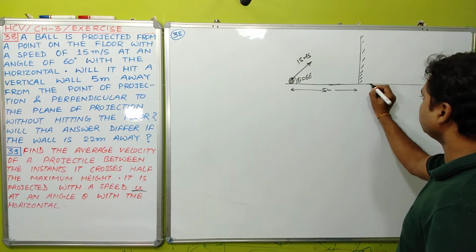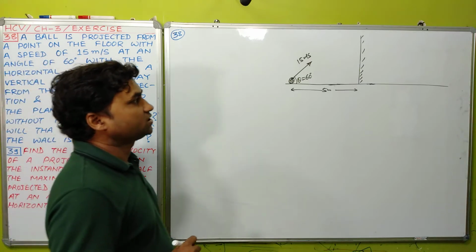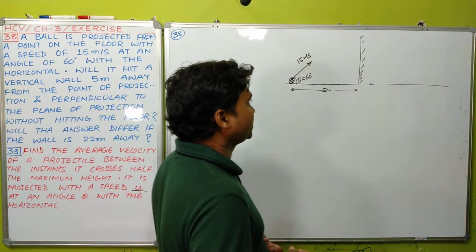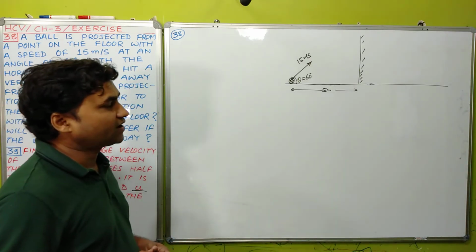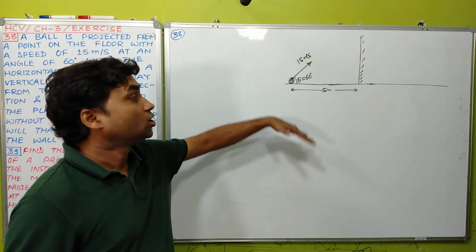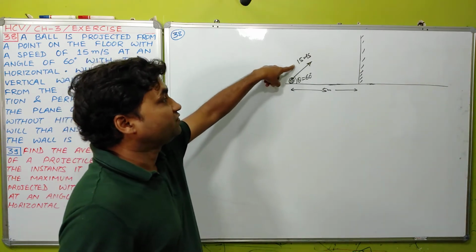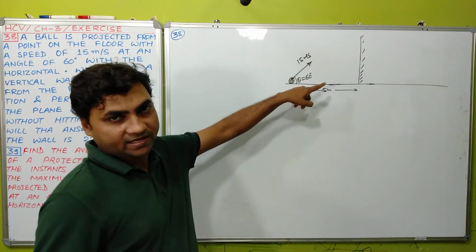Okay, let us check. Understand how we will solve this question and how we will think. This is important. Firstly, if we find out the range of this projectile, range means how much horizontal distance it covers if it is projected with a speed 15 meter per second at an angle of 60 degree, then we can solve this question.